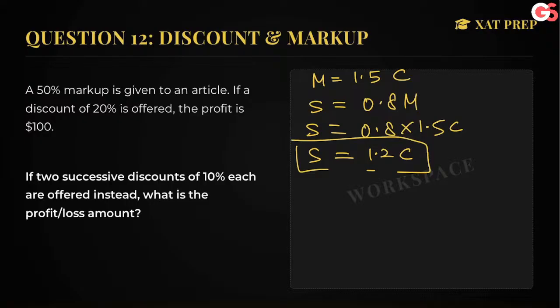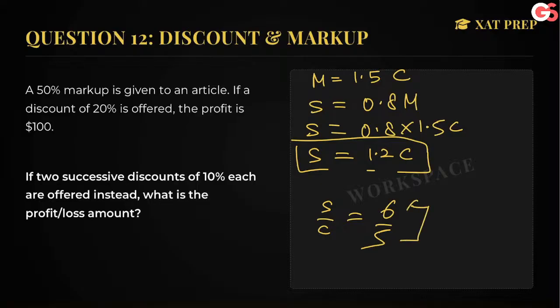Okay. Profit is 100%, $100. So S by C is 1.2, that is 6 by 5, right? 1.2 is 6 by 5, 20% is 1 by 5. तो ये बोल रहा है कि प्रॉफिट $100 का है, ठीक है ना?